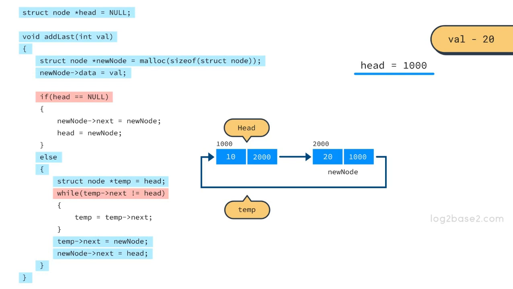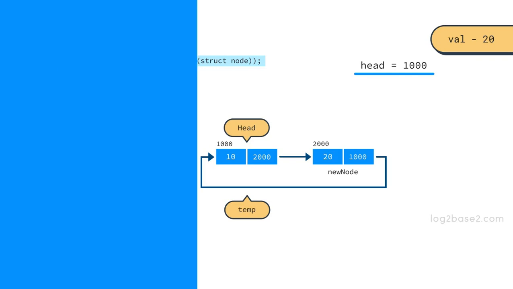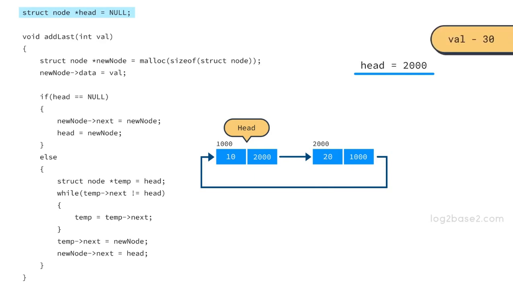What we have to do is, we have to find the last node of the linked list by traversing it and then insert the new node after the last node and make it point to the head. Now we have this circular linked list with two nodes and the node at 1000 being the head.